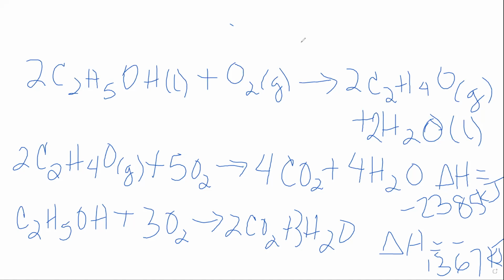C2H5OH plus O2, that's just 3 O2s. Did I put the 3? Yeah. 2 CO2s plus 3 H2Os. Okay. And that delta H is equal to negative 1367.